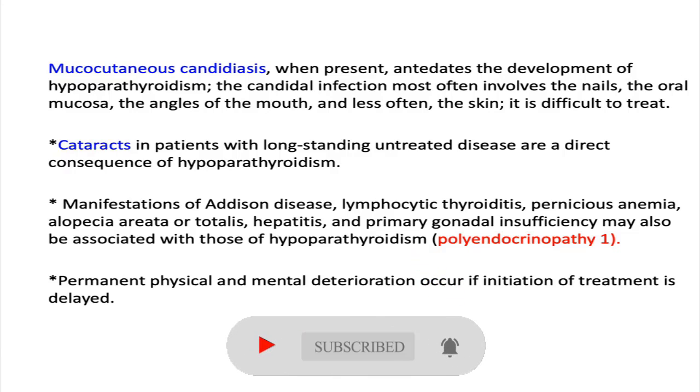It is difficult to treat. Cataract in patients with long-standing untreated disease is a direct consequence of hypoparathyroidism, so estimation of calcium and diagnosis of hypocalcemia should be done for every patient with cataract, especially when he is of young age.